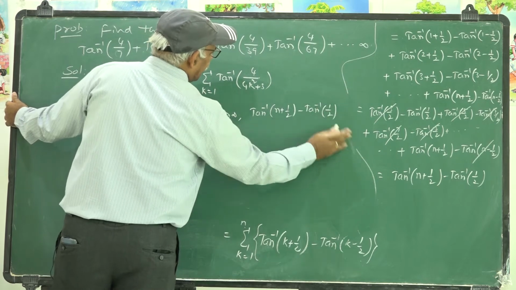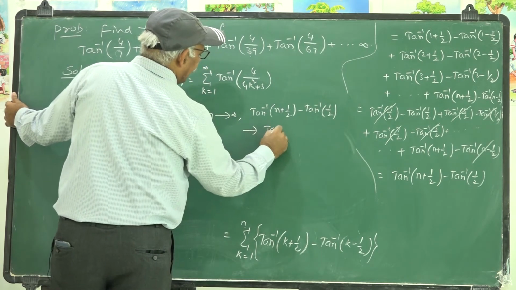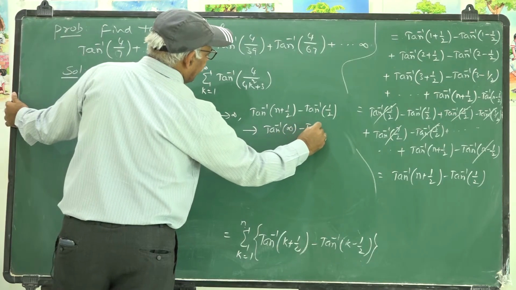This value goes to tan inverse infinity minus tan inverse 1 by 2.